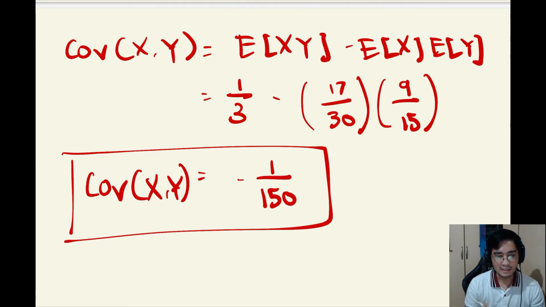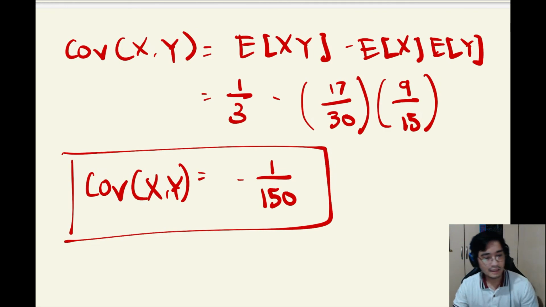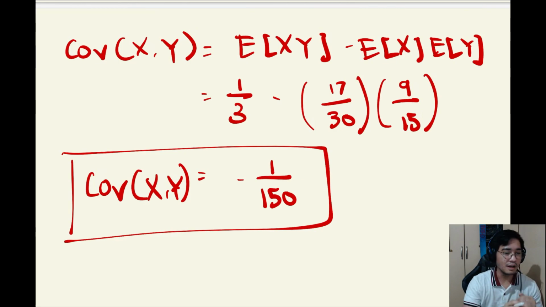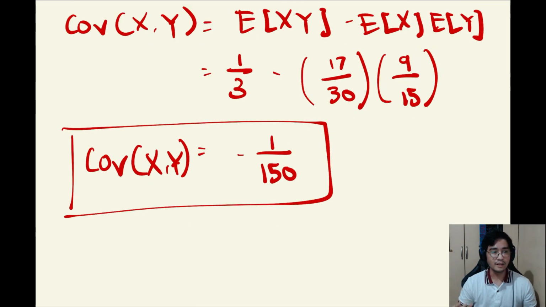That just means that if a student's verbal score x tends to increase, then the student's quantitative score tends to decrease. So the student most likely cannot be better at both scores. Okay, so that's how you solve covariance in this problem.